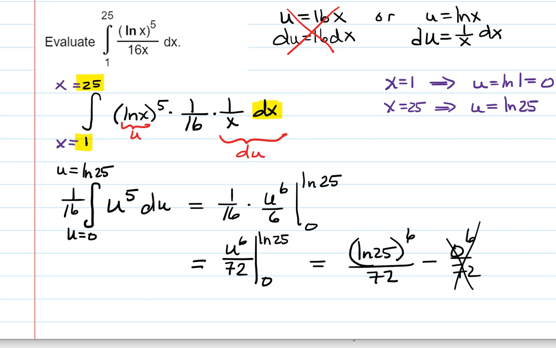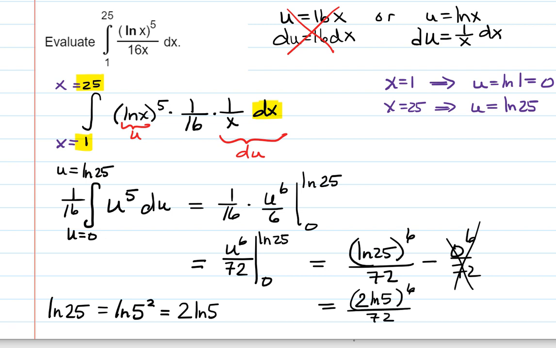Well, remember, the natural log of 25 is the same as the natural log of 5 squared, which by the power rule of logarithms is 2 times the natural log of 5. So we could think of this as 2 times the natural log of 5 to the 6th power over 72. When you multiply inside of an exponent like that, you can just raise each factor to the power.